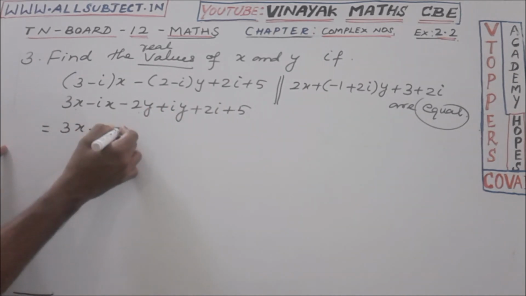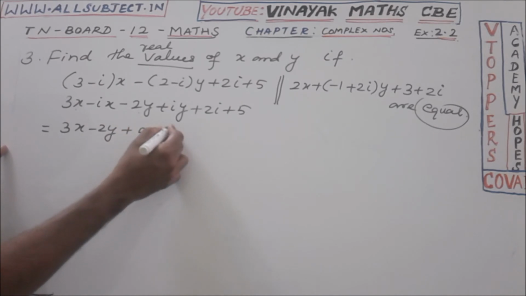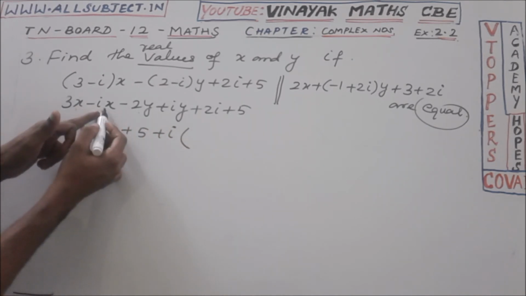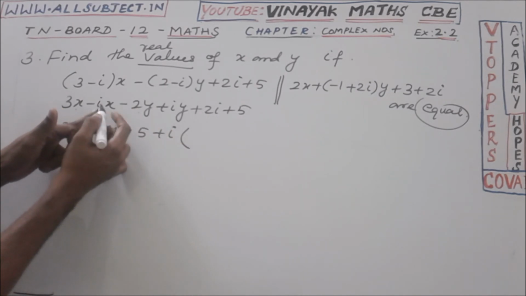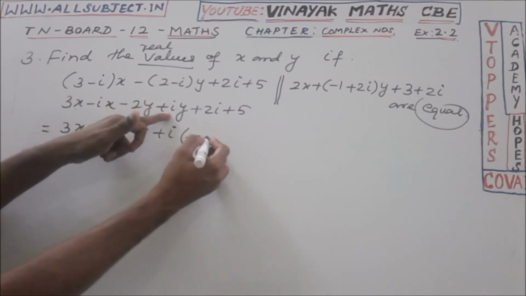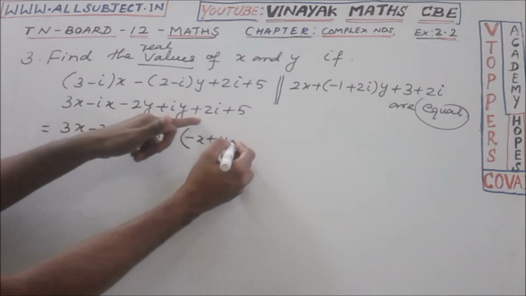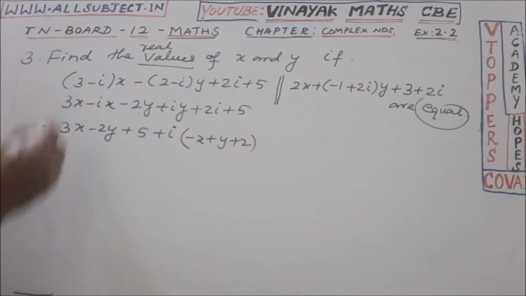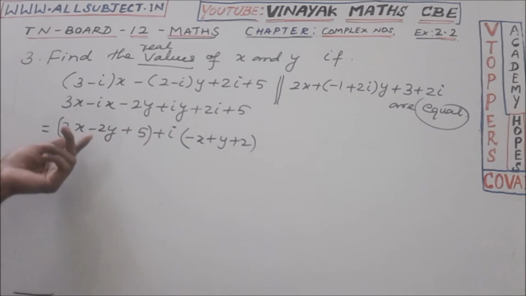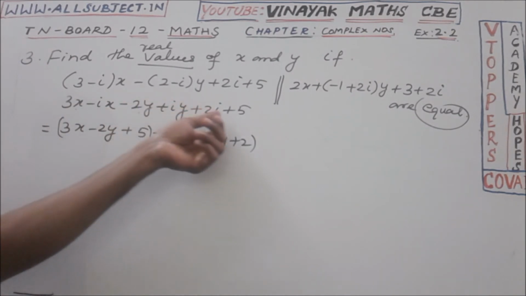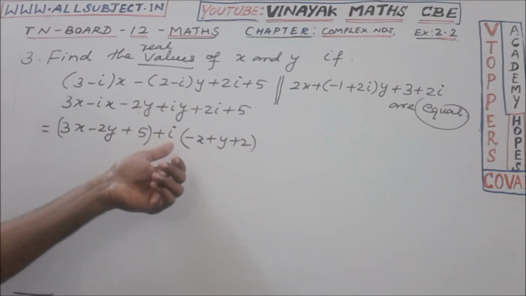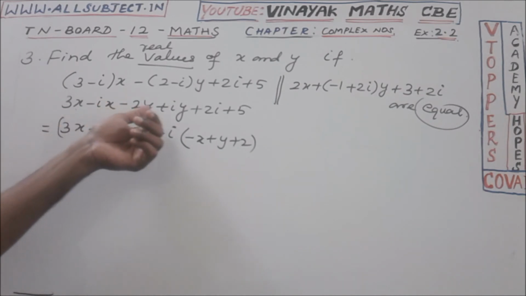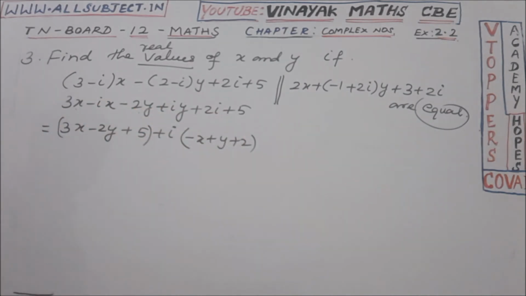Taking i out of the imaginary parts, there are three terms: minus x, plus y, and plus 2. Now we have written it in standard form: the real part is 3x minus 2y plus 5, and i is taken common from the three terms, with remaining minus x plus y plus 2 as the imaginary part.